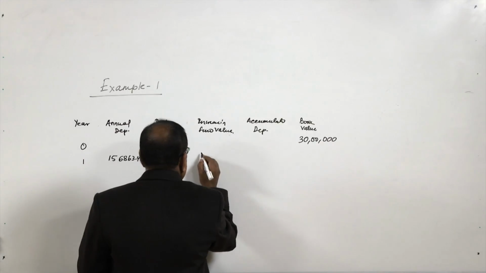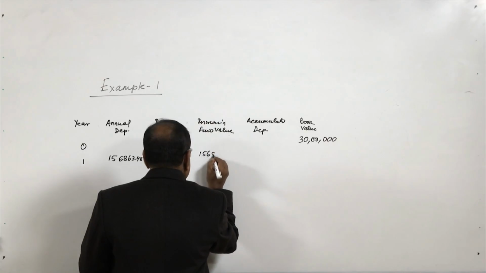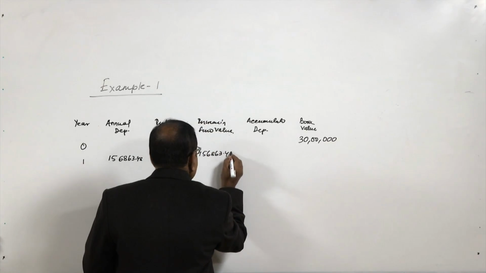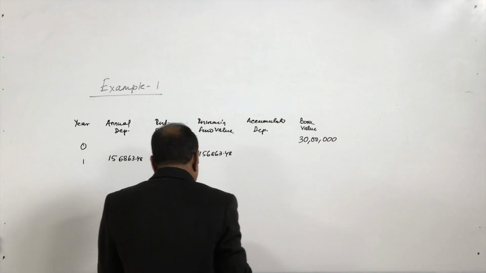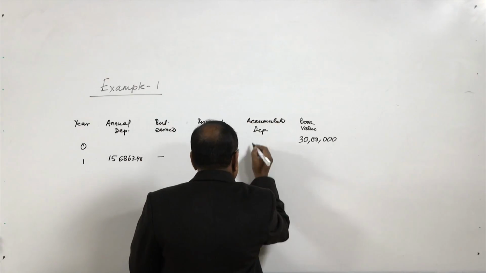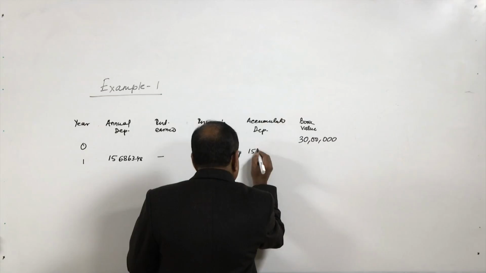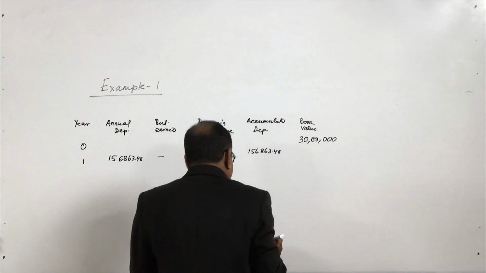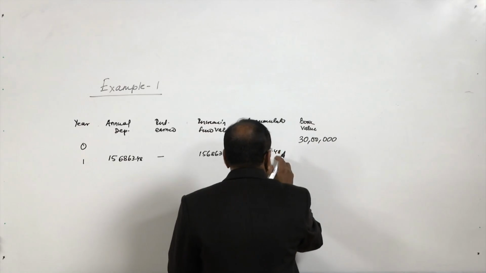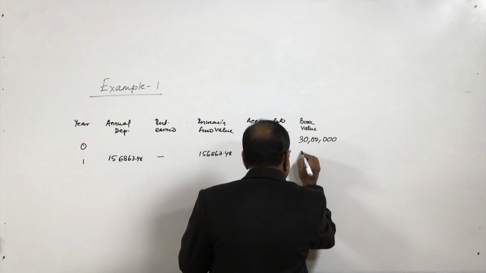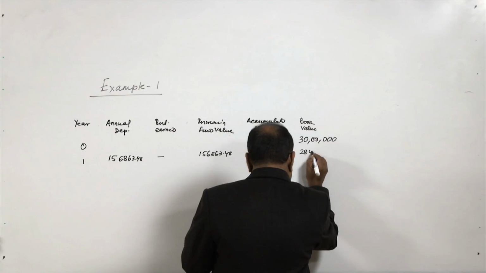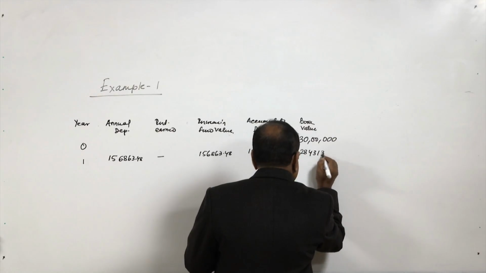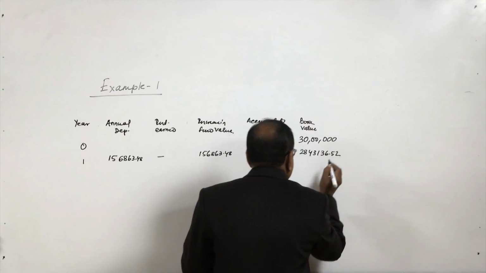The increase in fund value is the same, the cumulative depreciation is the same, and the book value is this minus this, which comes out to be 28,43,136.52.